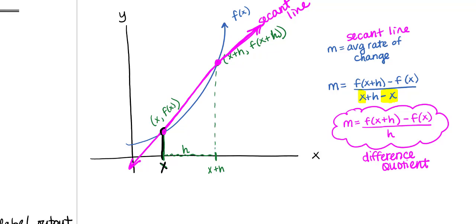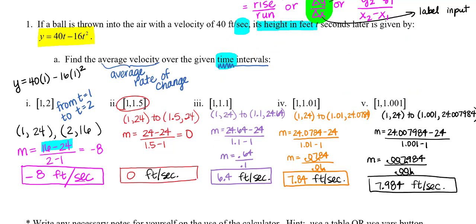And so what we saw in our computation of number 1 from our pre-calc video, this one right here where we threw the ball into the air, we calculated the various average velocities from 1 to 2, then from 1 to 1.5, then from 1 to 1.1, 1 to 1.01, and then lastly from 1 to 1.001.